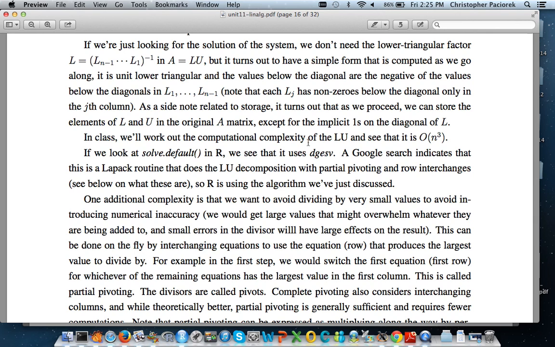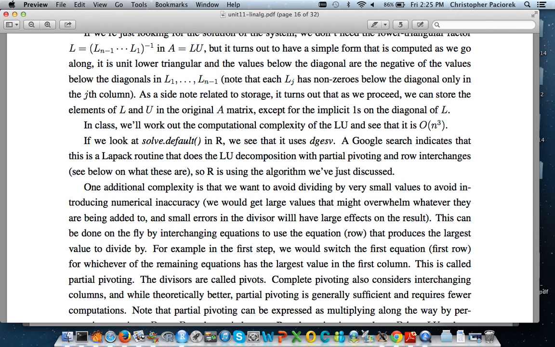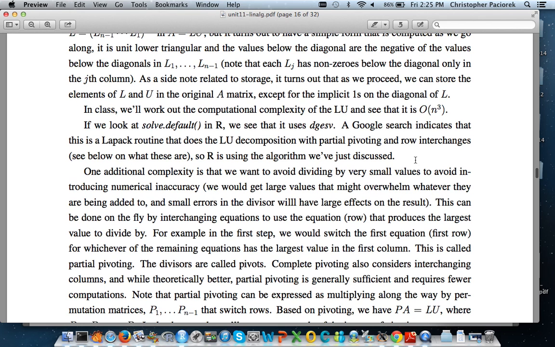And if you did some searching for dgesv, you'd see that it is doing the LU decomposition. It's doing partial pivoting, which means these row exchanges, but not any column exchanges. Actually, partial pivoting means you're not doing both rows and columns, but in particular we're doing the row interchanges. So in fact, this algorithm that we've just talked through in some detail is basically exactly what's happening when R or any other package calls LAPACK to do these sorts of calculations.